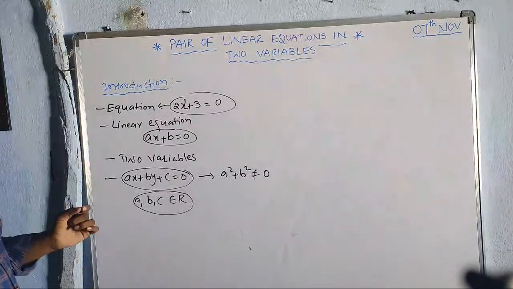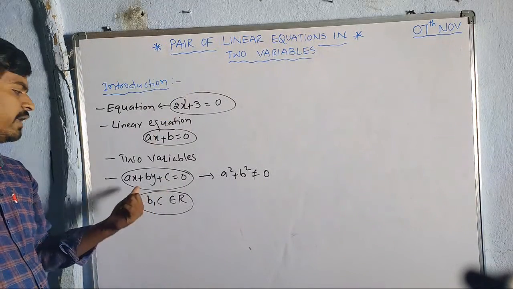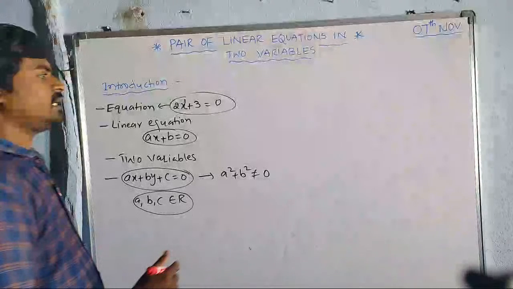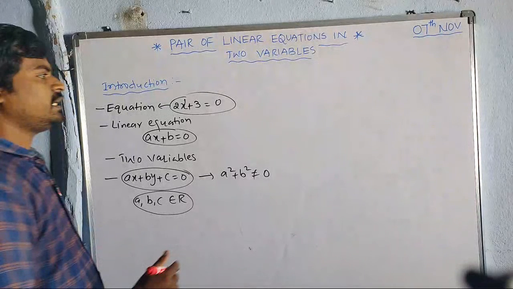So friends, before going into the chapter, first we have to discuss an example. You observe it is a linear equation in two variables, 2x plus 3y plus 5 equals 0, and it is only one equation which has two variables.